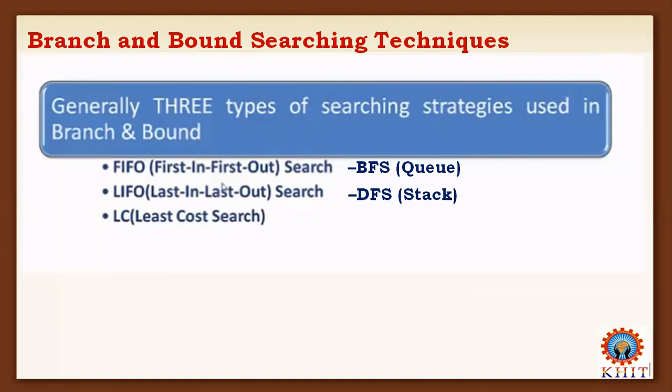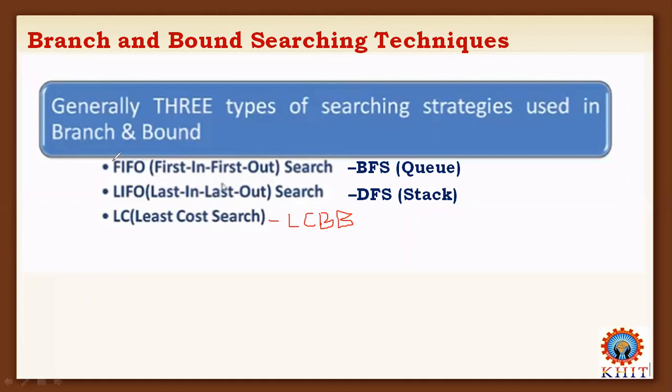The second one is LIFO branch and bound search, last in, first out. And the last searching technique is LC branch and bound search, called LCBB, which stands for least cost branch and bound technique. So these three are considered branch and bound searching techniques.